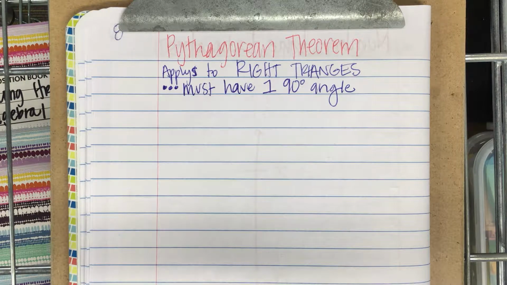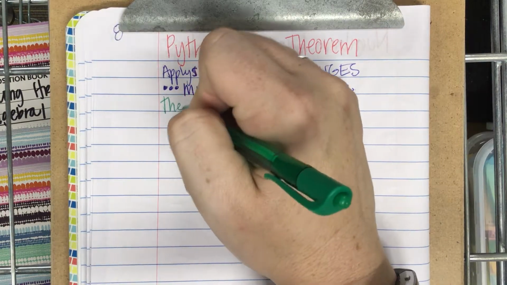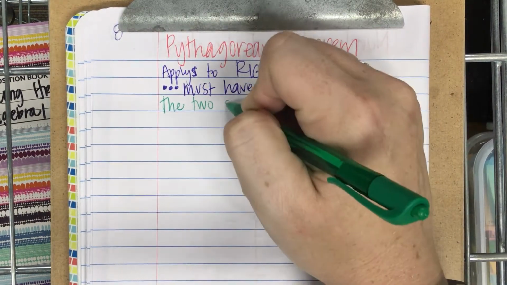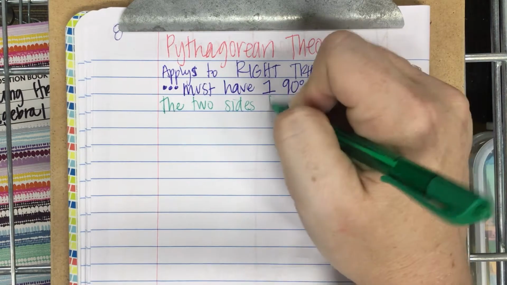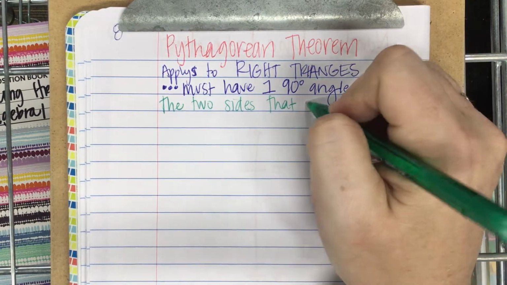Everybody picture a right triangle in their mind. In a triangle, there are 3 sides.